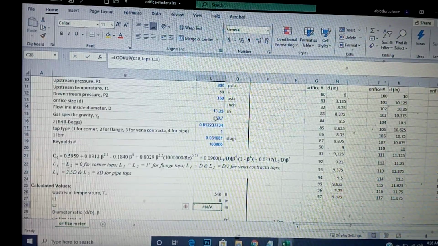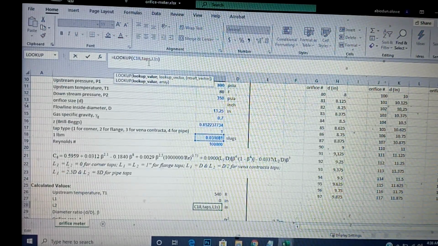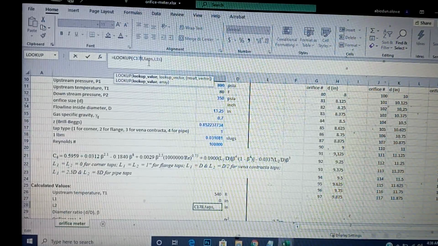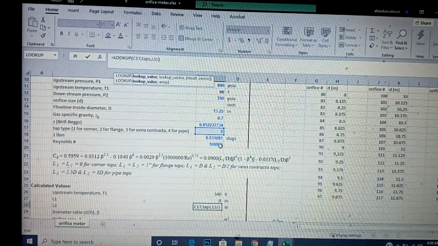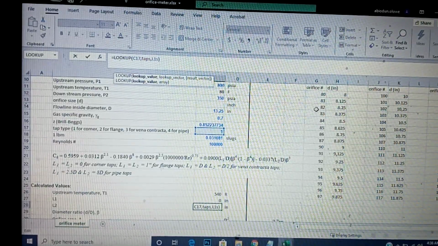I'm going to look up C17. Whatever I find in C17, you look in the tabs.